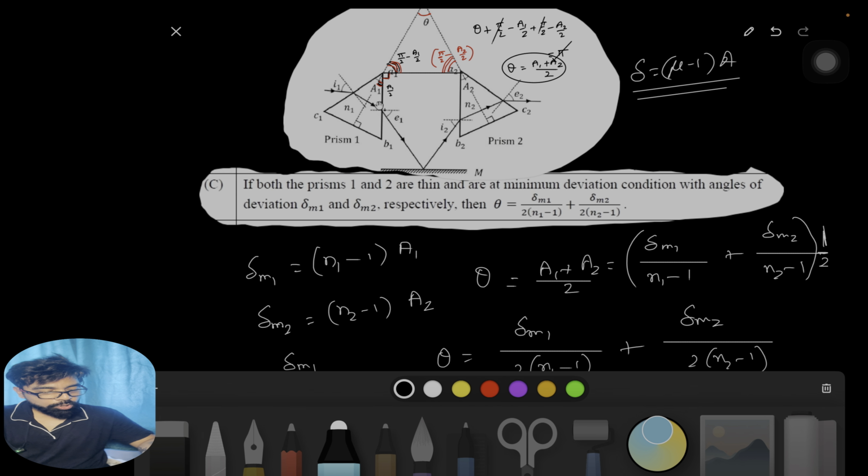So theta is equal to delta m1 divided by 2(n1 minus 1) plus delta m2 divided by 2(n2 minus 1), which is coming as option C. So option C is also correct.